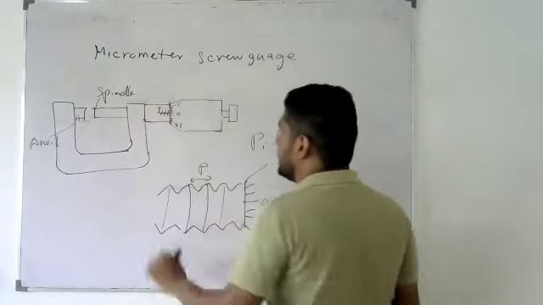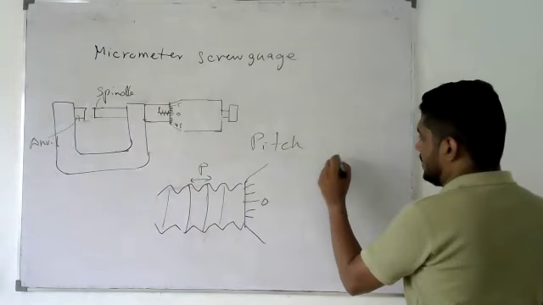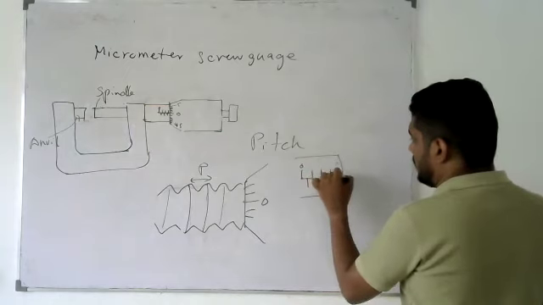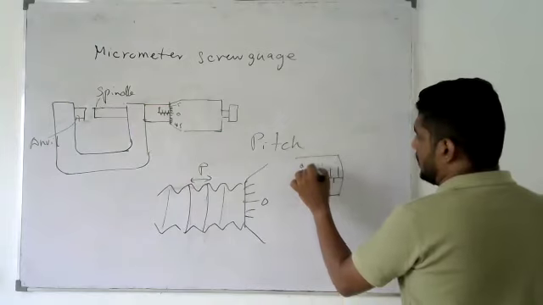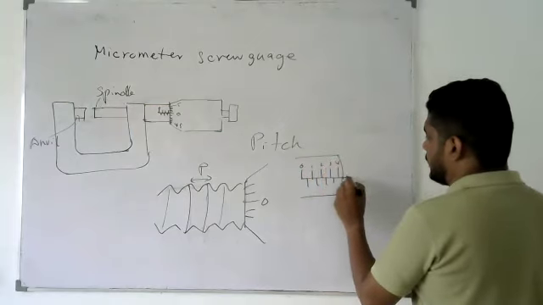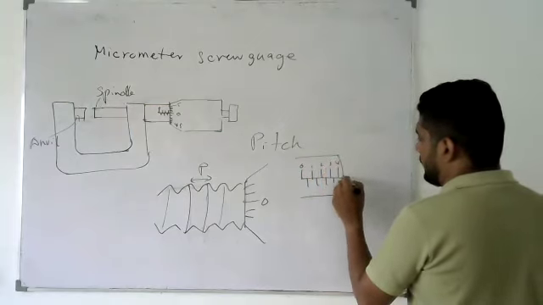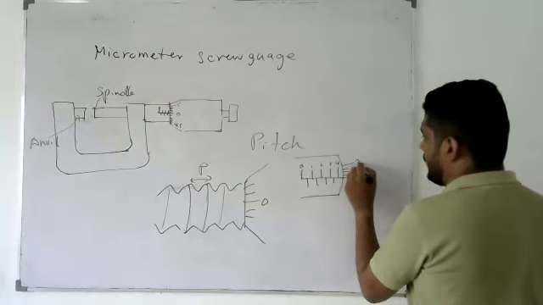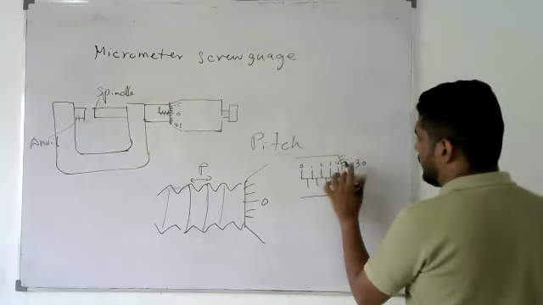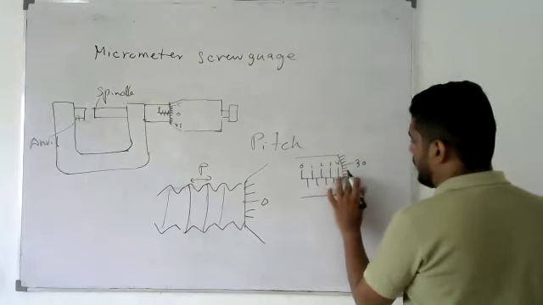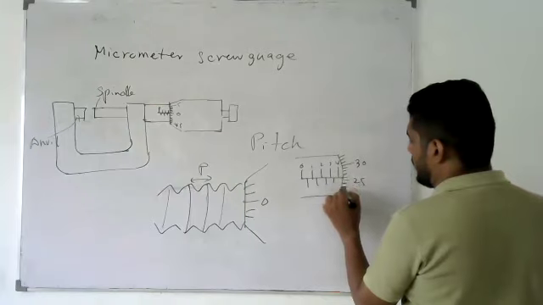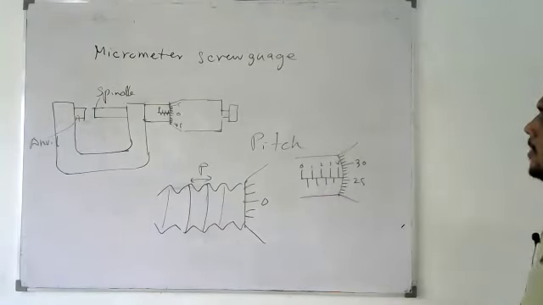So it has a linear scale as well. මෙන්න මෙහෙම තියෙන්නේ. 1, 2, 3, and it has been divided into 0.5 millimeters, right? ඔන්නම තියෙනවා.